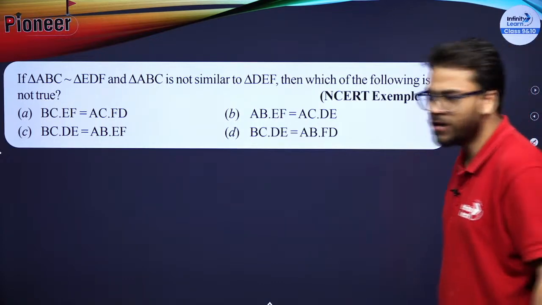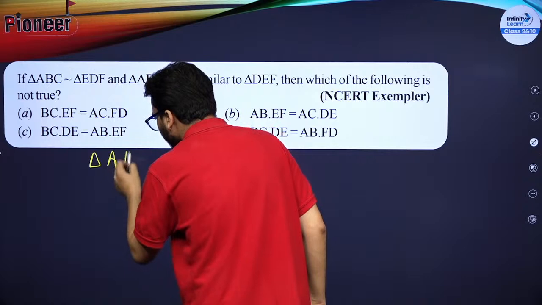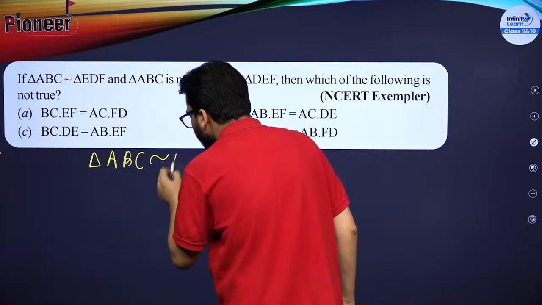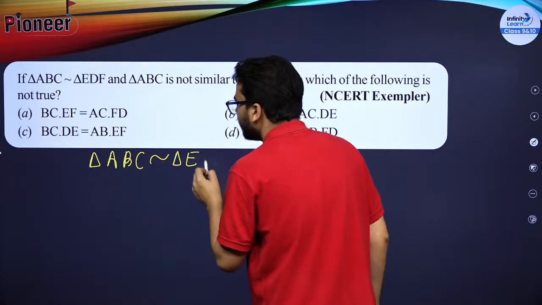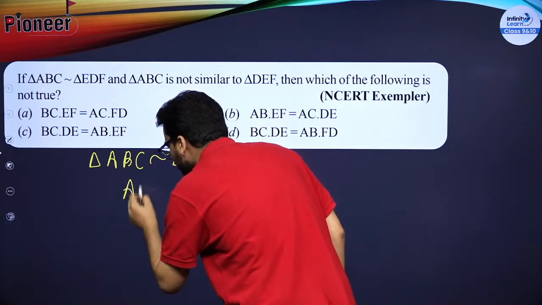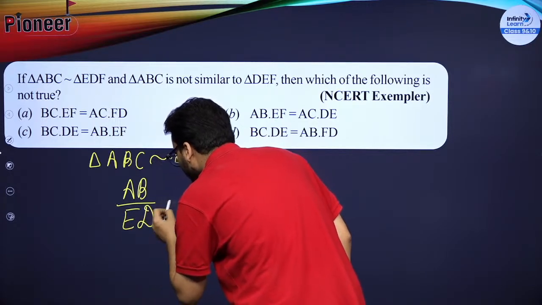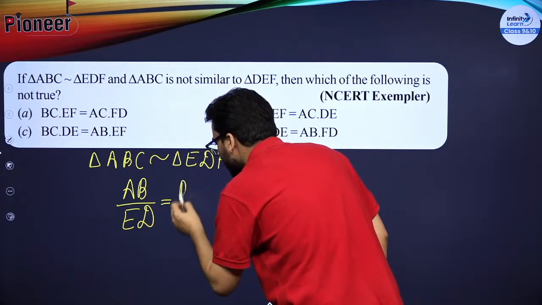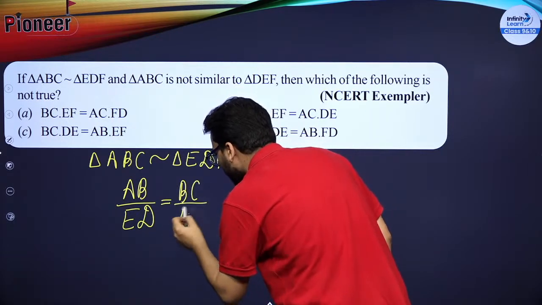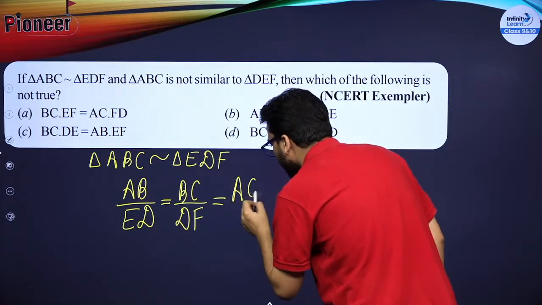So you see it is given over here according to the name you have to work, right? It is given in this question that ABC is similar to EDF. So ratio of corresponding sides of similar triangles are equal. AB by ED is equal to BC by DF, that is equal to AC by EF, correct?